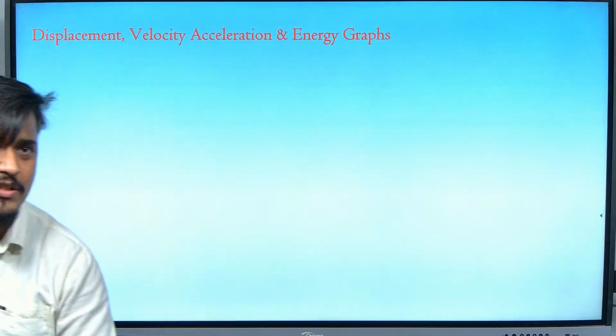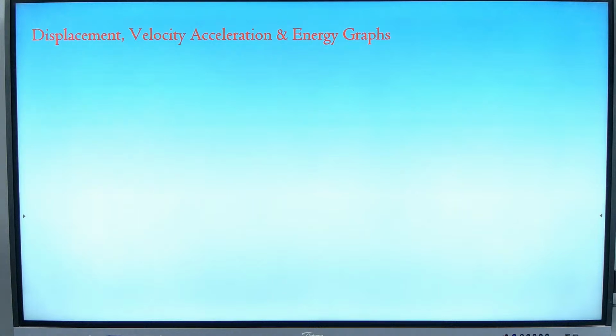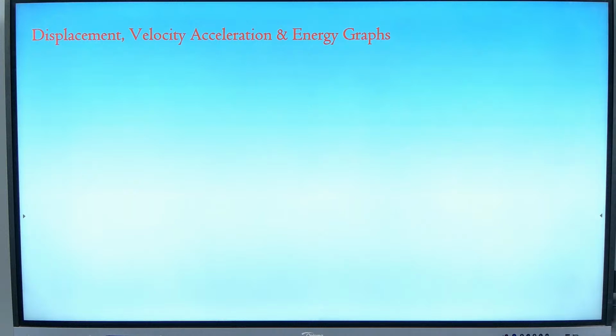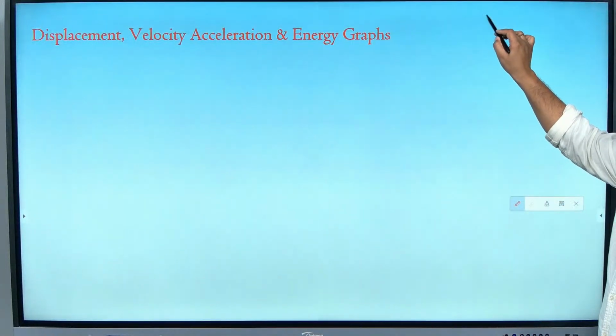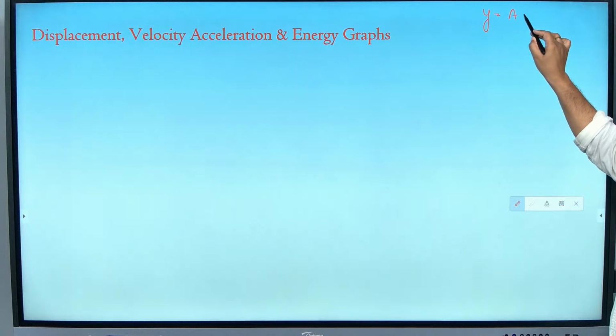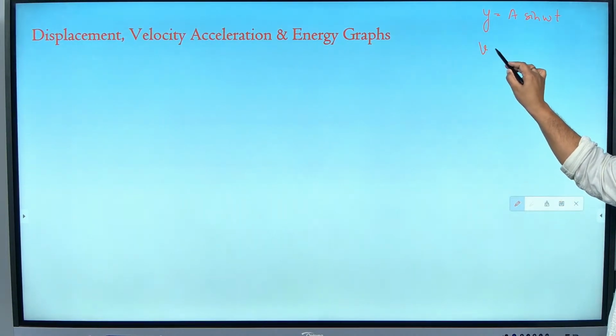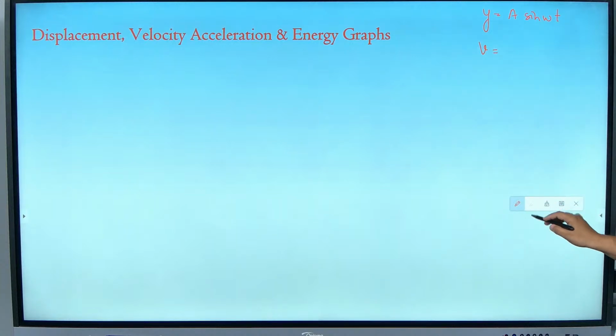After doing all these, now it is the time for graphs. Again, a very important part of this chapter, the graphs. All the graphs of displacement, velocity, acceleration, kinetic energy, potential energy, total energy, everything together. So before drawing the graph, I must write all the equations on one side. Y is equal to a sine omega t.